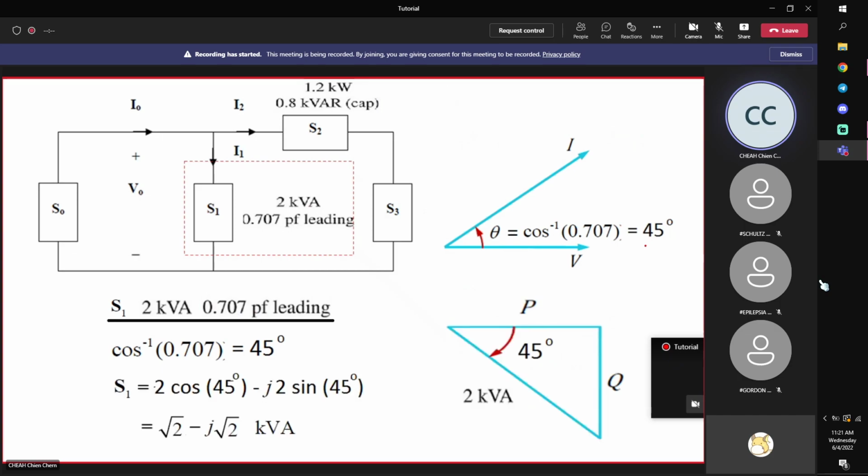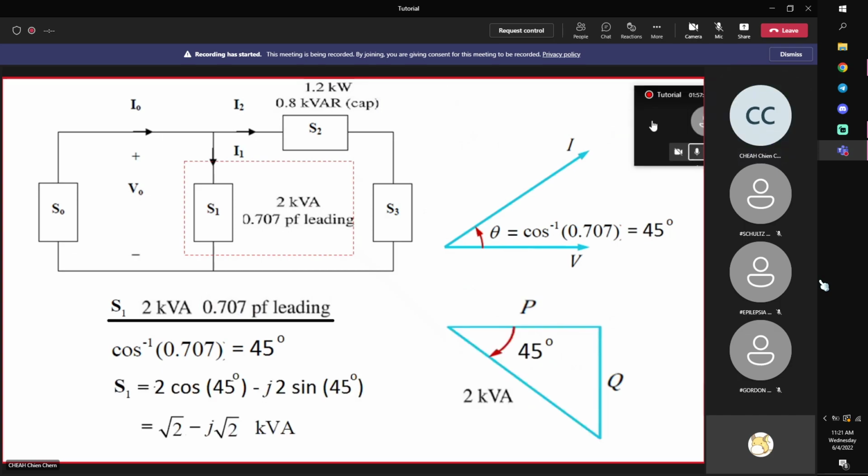Now, leading power factor, I lead V, means negative reactive power. I is leading V, so it's capacitive. Capacitive gives you negative reactive power.